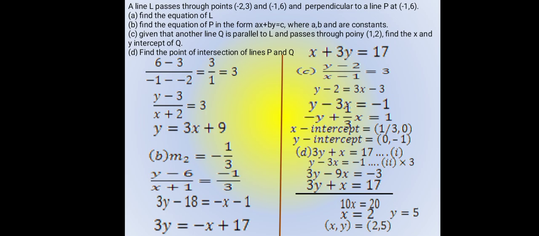Now when we eliminate y, we find that x equals 2. And then substituting the value of x, when x is 2, into one of the equations, we find the value of y is 5. Now at that point, we have been asked where P and Q intersect: (2, 5), where x is 2 and y is 5.